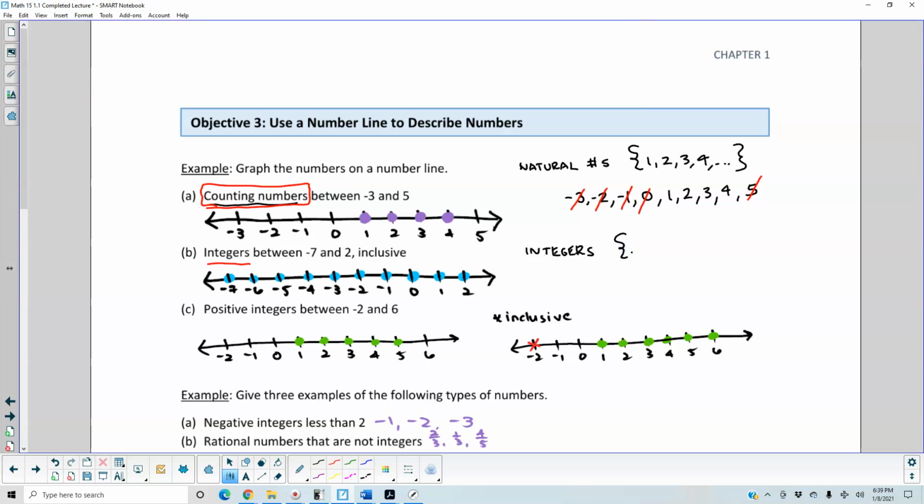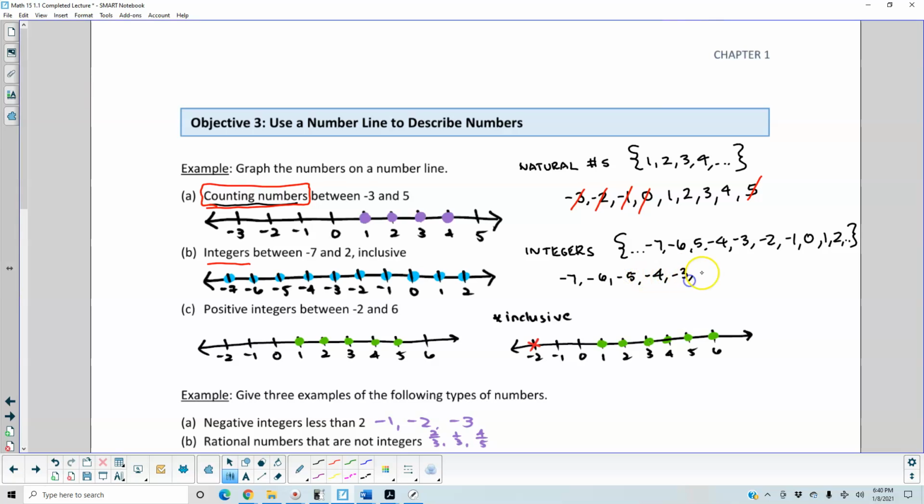Integers can go from -7, -6, -5, -4, -3, -2, -1, 0, 1, 2, and so on.